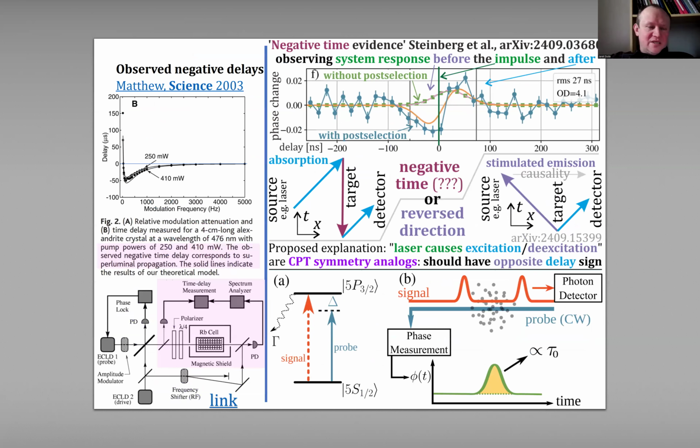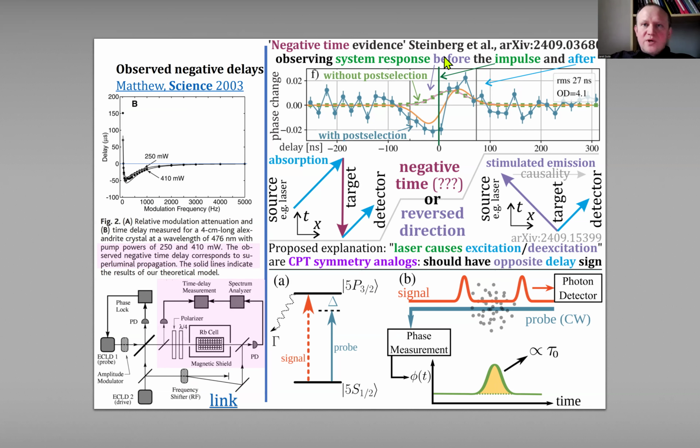Okay, so some maybe related articles where negative delays were observed. Here is one such 2003 article, which says that the delay between before and after this cell can become negative for the impulse.